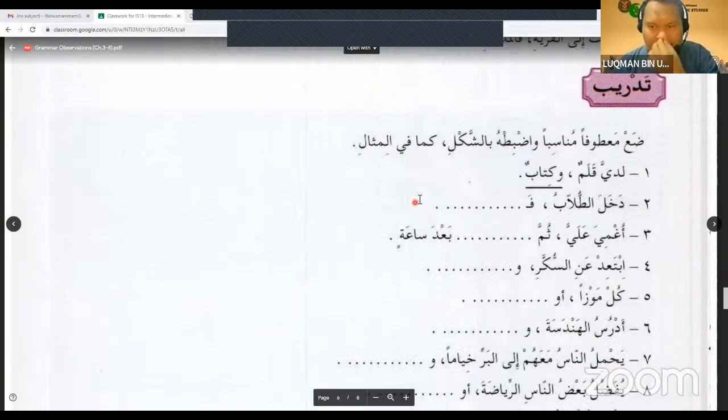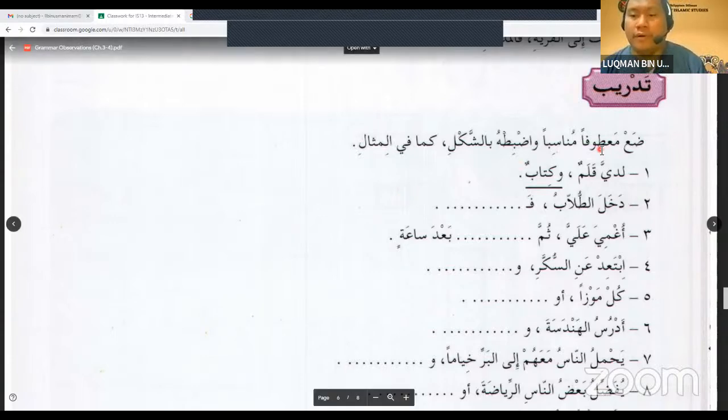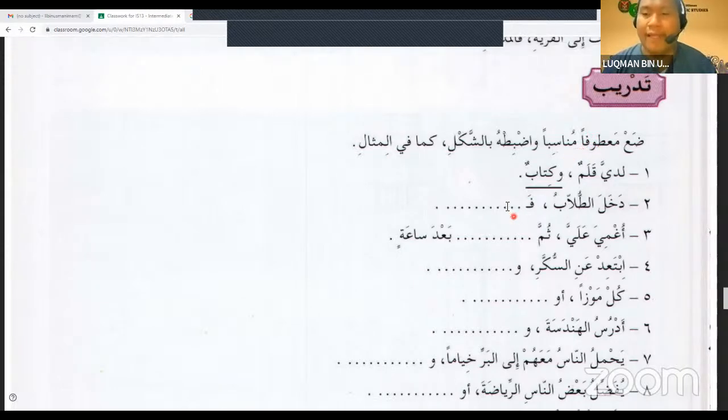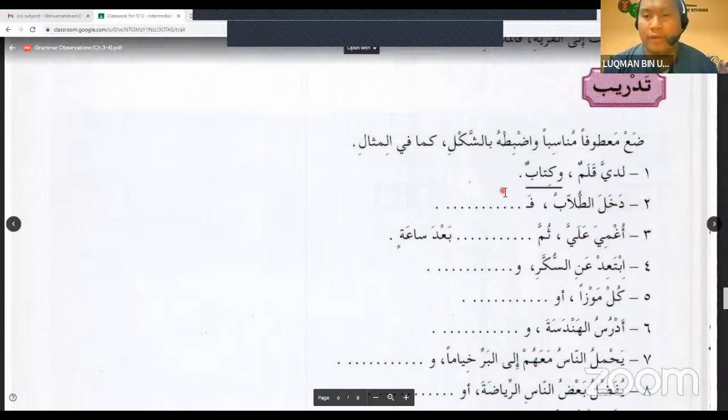Then the exercise: Tadrib, da ma'tufan munasiban wadbithu bishakl kama fil-mithal. Write a linked noun that is appropriate to the sentence and the conjunction used.